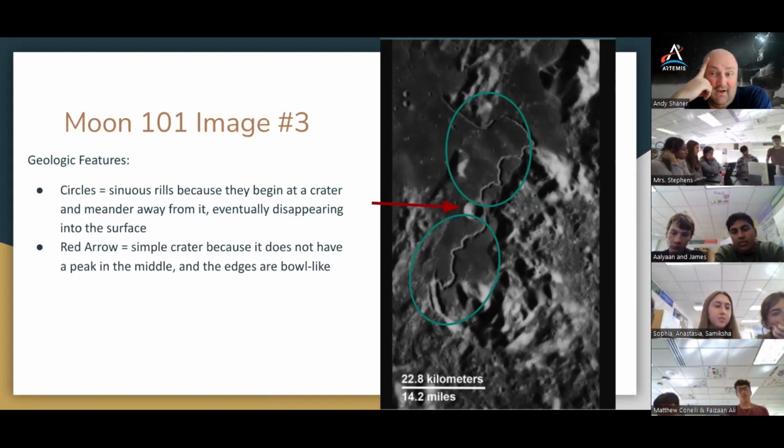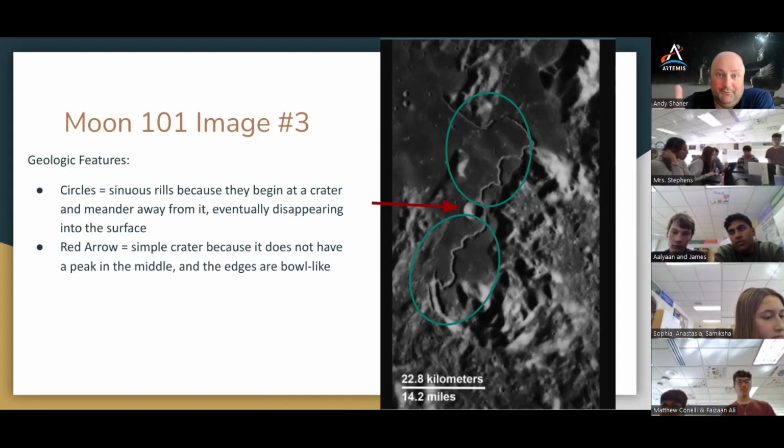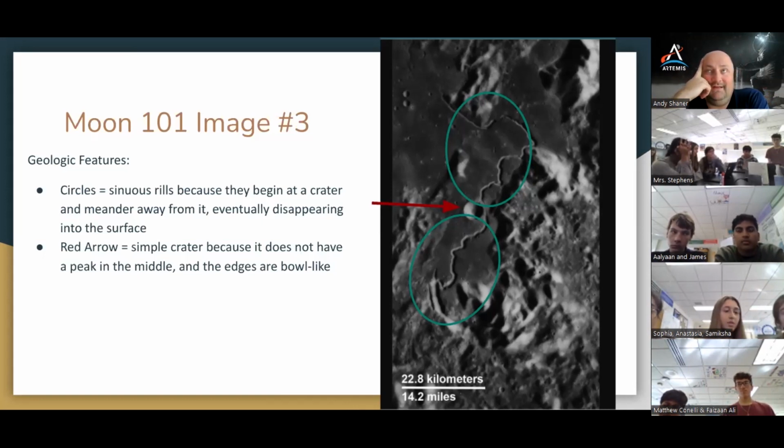Then the question is crater or rill, because you can't have a rill without mare. The mare has to be there first. So it's the lava that then cut through it, and then eventually the roof collapsed, and now you've got this rill. There's actually just one rill there, and it's being interrupted by the crater. So in this case, it's highlands, mare, rill, crater.